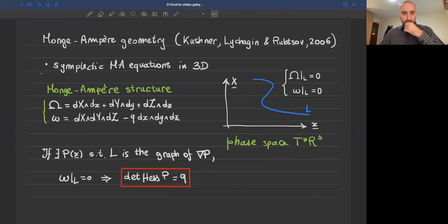So we are going to be interested in symplectic Monge-Ampère equations in 3 dimensions. This is the only class of equations that we will study in this talk. What does symplectic mean?